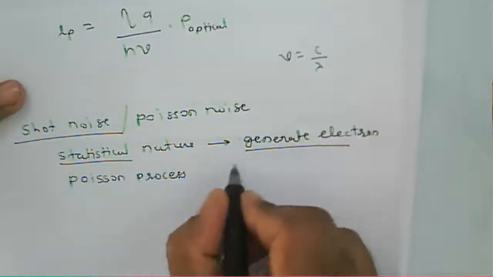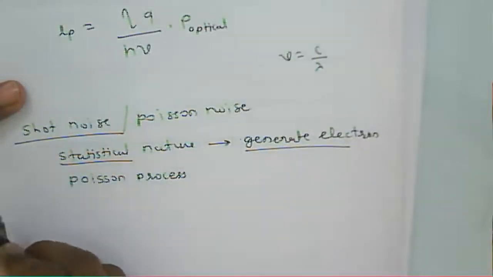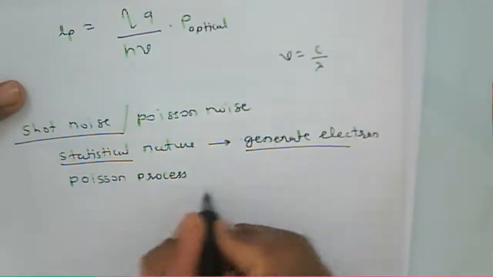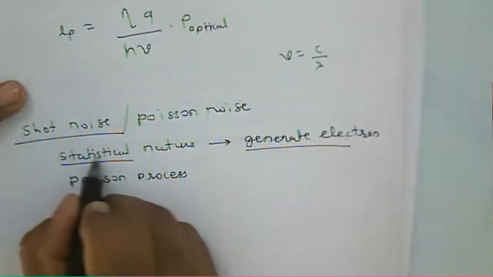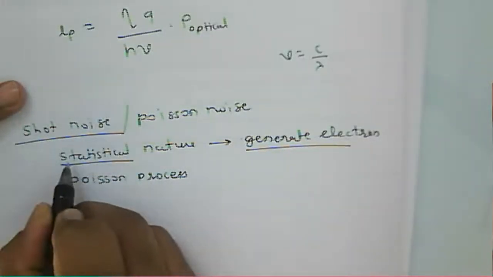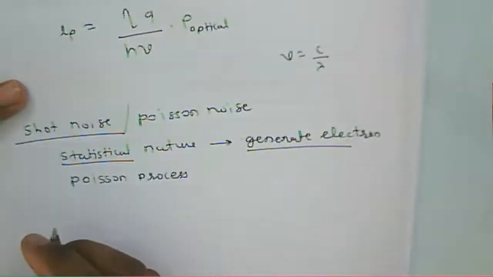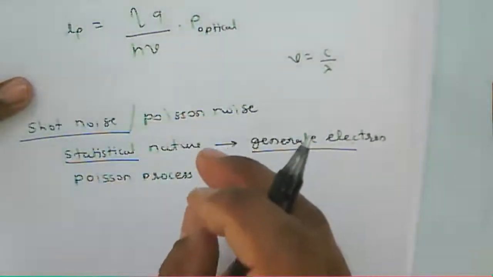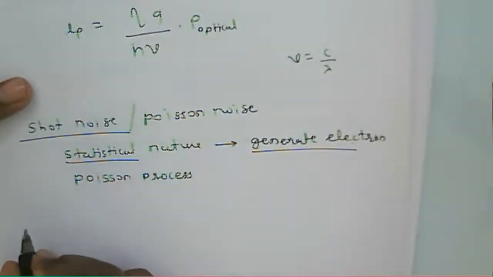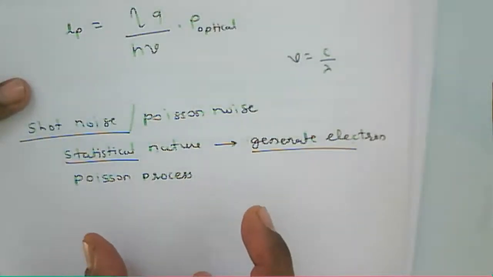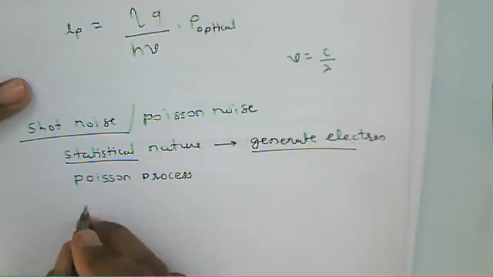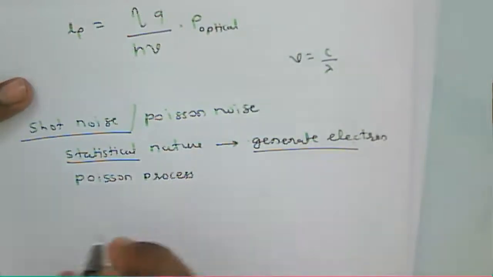Now there are fluctuations in the generation of photoelectrons, and because of that fluctuation a current is generated, and that current is called shot noise current. That shot noise current has a mean square value in the receiver bandwidth, and that will be proportional to the average value of the photocurrent.